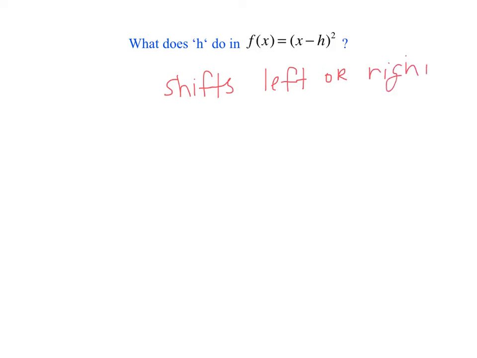So notice when the equation is already in x minus h form, it's going to move it to the right. But if we had the x plus h, which is the double negative form of the expression, that's when it would move over to the left. So we have a shifting of the vertex, or the entire graph, happening here.